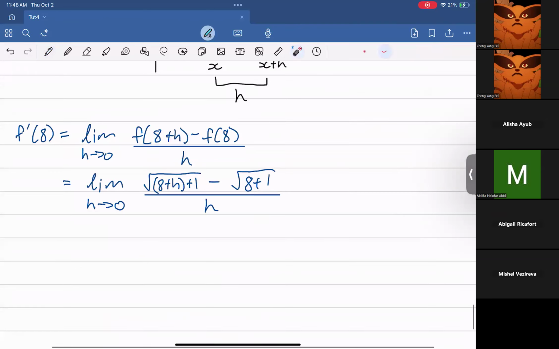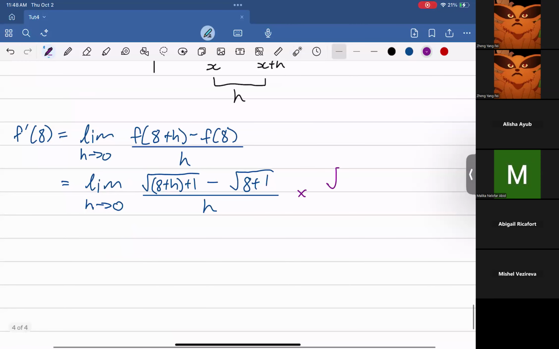So what you can do here now is that, because you see the two square roots, you can multiply by the conjugate, right? So this is the square root of 9 plus h plus the square root of 9.